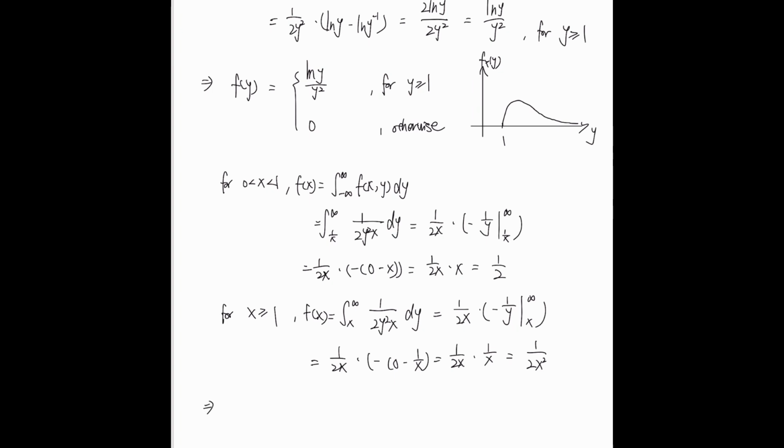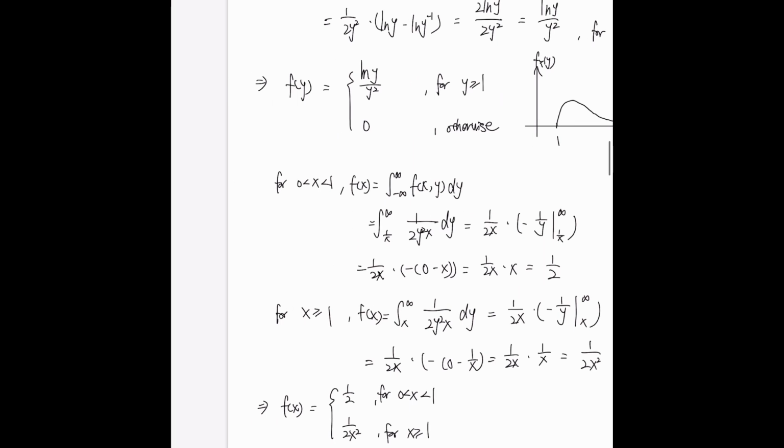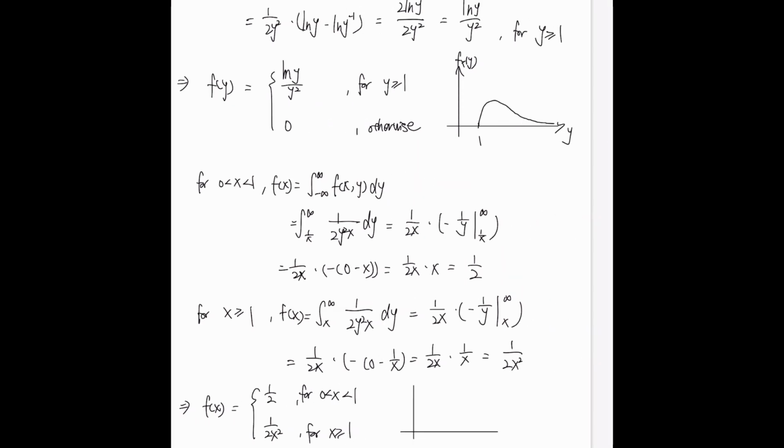So f of x equals 1/2 for x greater than 0 and less than 1, and equals 1 over 2x squared for x greater than or equal to 1. The graph of f of x is shown here.